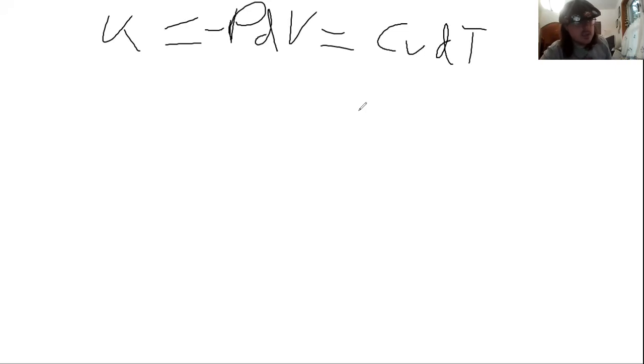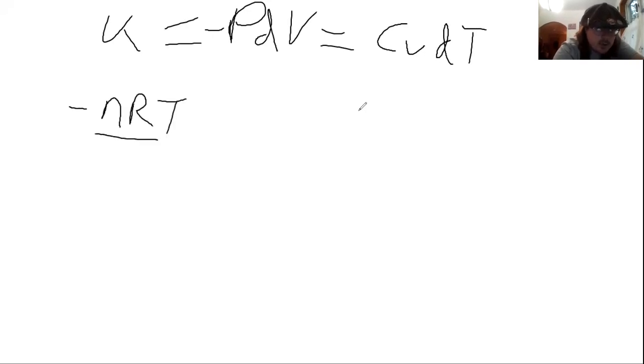Now we're going to get rid of the pressure variable, because once again, the pressure variable is changing. So rather than dealing with 3 variables, we're going to get this in terms of 2. So pressure equals nRT over V. So we can get this equal to negative nRT over V dV equals C sub V dT.